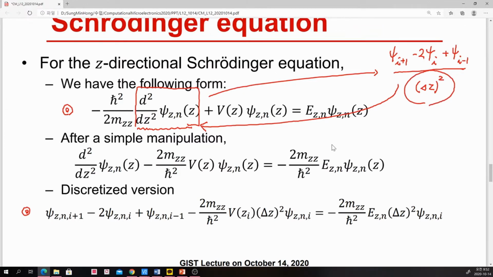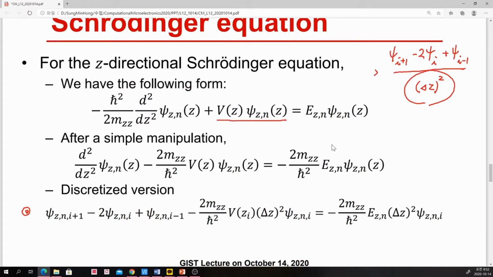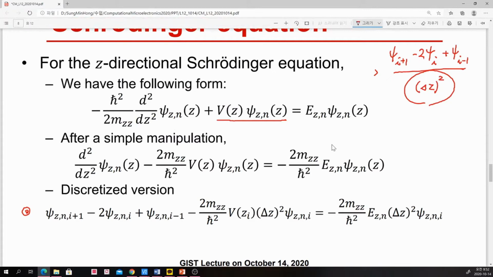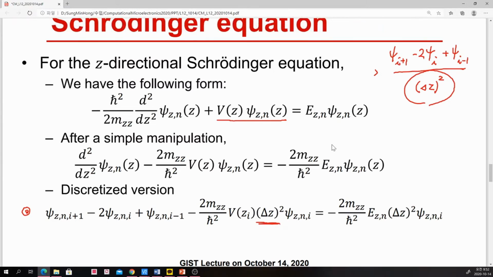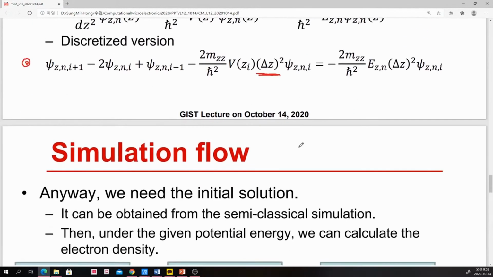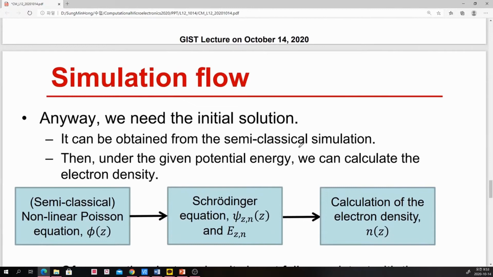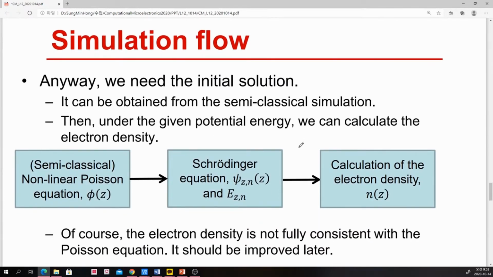So for example, the original form has no terms like the square of delta z, but now you can find it here because we have multiplied the square of delta z to both sides. So now I think this is just a repetition of my previous explanation.